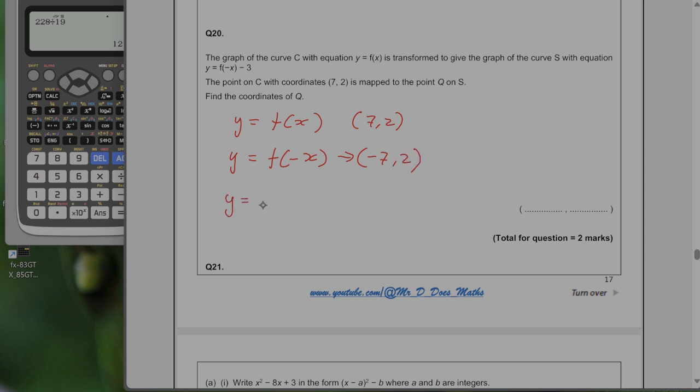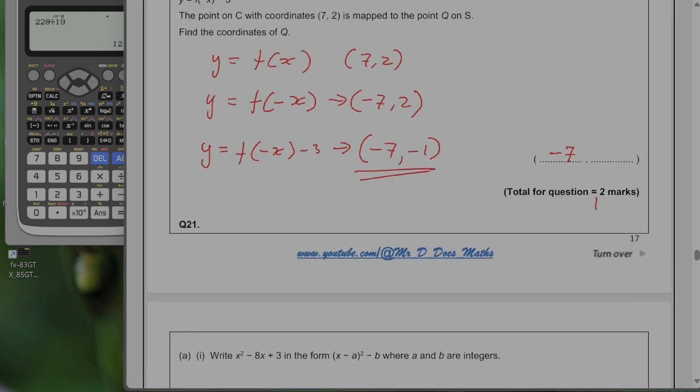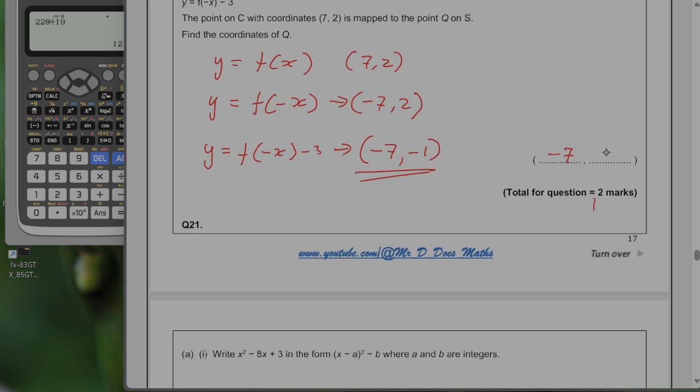And then y is equal to f of minus x minus 3. My y coordinate is then going to be reduced by 3. So the x stays as minus 7, and 3 off 2 is going to become minus 1. So that's going to be my Q: minus 7, minus 1.